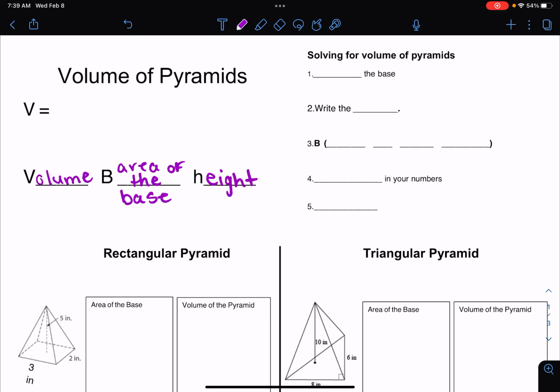All right. So now that you know what each letter stands for in your formula, it should be a little bit easier. In order to solve for volume of pyramids, the very first thing you're going to do is shade your base. The second step is to write the formula. Remember, this is the WTF part.